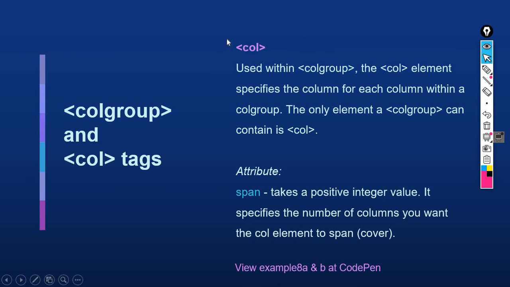And the col tag is used within colgroup. The col element specifies the column for each column within a colgroup. So the only element a colgroup can contain is the col tag. It also has an attribute span that you can use to specify the number of columns you want the col element to span or cover.